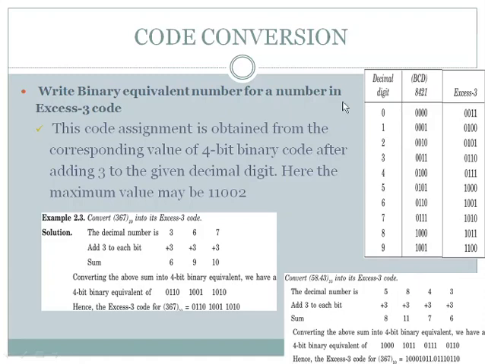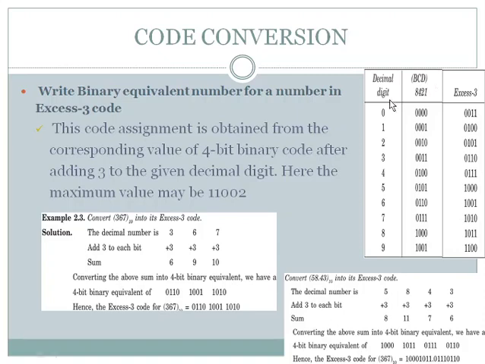If we can represent 10 decimal digits in XS3, then we can represent any decimal number in XS3 simply by replacing the decimal digits with their XS3 code, similar to BCD. Here also we'll write the 4-bit binary equivalent, but not for the actual decimal digit, rather for the decimal digit plus 3.